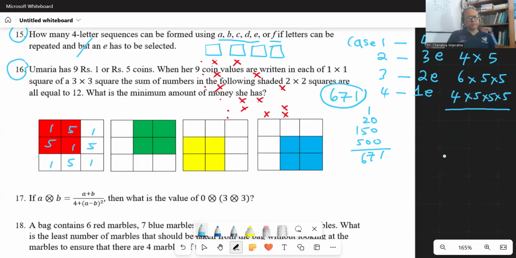Is it the only way? Well, if you think about it, you can have 5 in the 4 corners, and then 1 in the middle, so 1, 1, 1, 1, right? Are there any other ways?